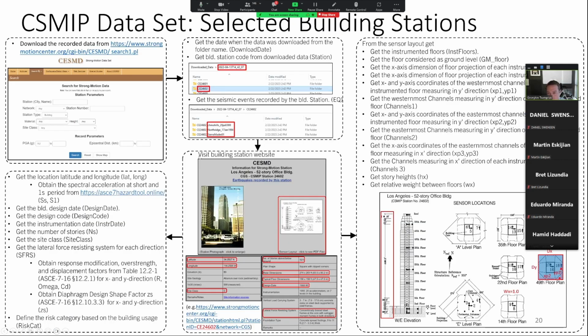And then, using nice tools available online by CSMIP, we can retrieve the first information, which means the data and some associated metadata for these building stations. But then we have to go through a time-consuming manual process where we have to extract information, or metadata if you want, related to the computations we have to carry out.